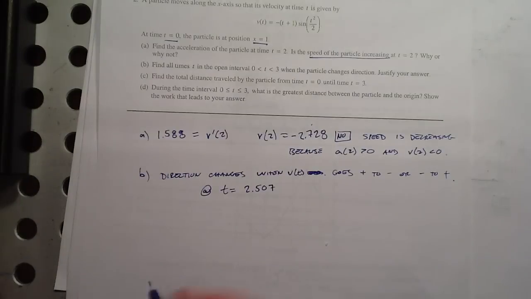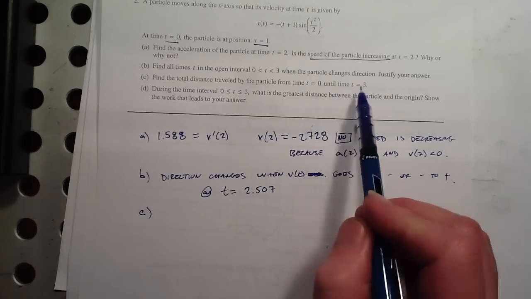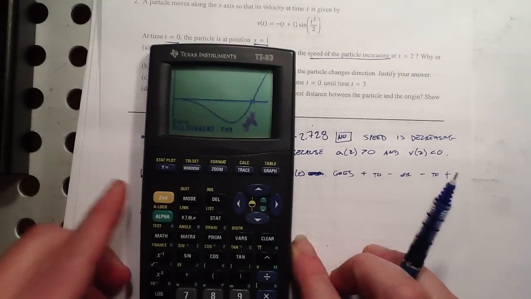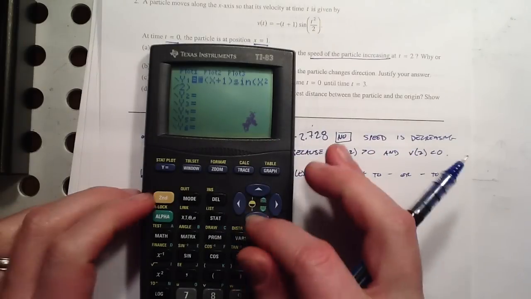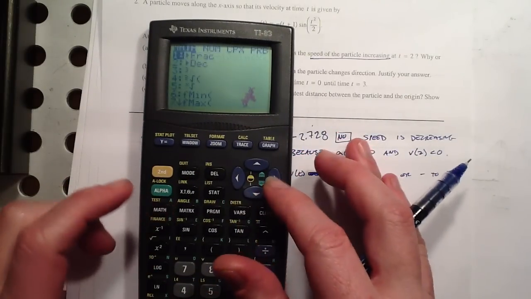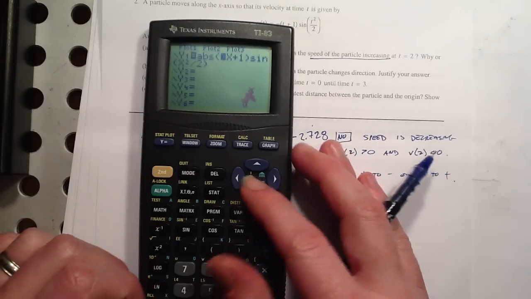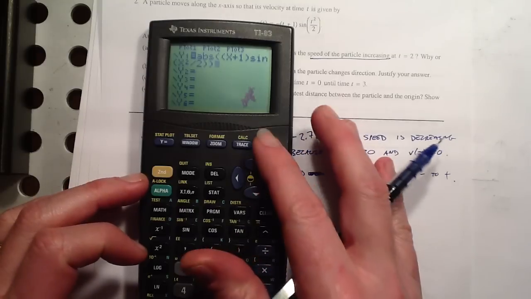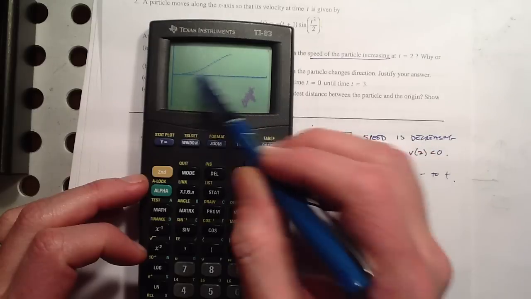Okay, part C. Find the total distance traveled from 0 to 3. Hey, look, I have the velocity graph right here, so all I need to do to find total distance traveled is throw some absolute value signs around that. Graph it again. So all that stuff that was negative is now positive.